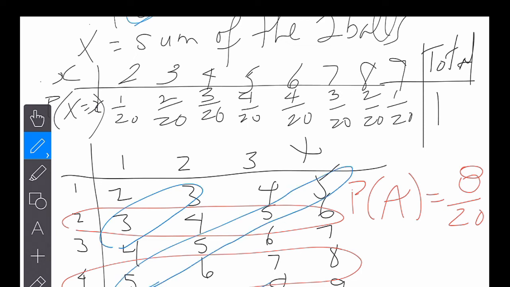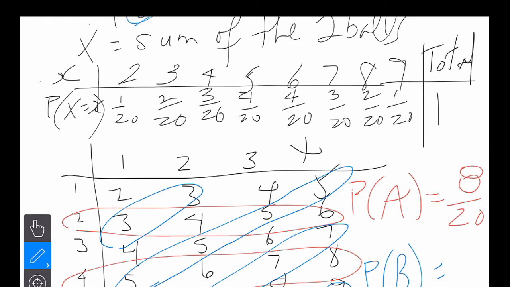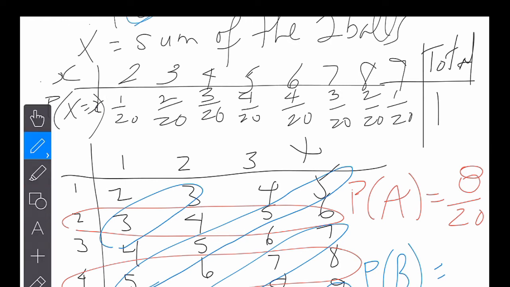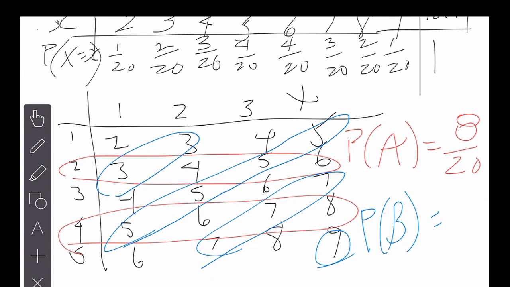The sum is odd here. And the sum is odd here. So how many singular events does that make, since they're all disjoint, because you can only get one of these at a time by adding the outcome of picking a ball from each box.